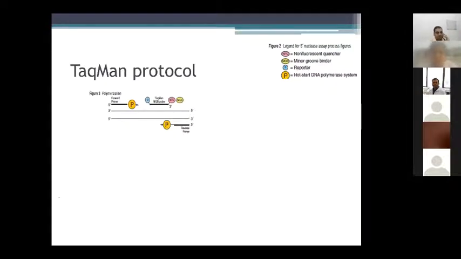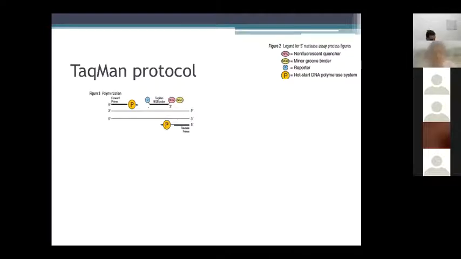As we know, we design two primers, a forward primer and a reverse primer. The TaqMan probe binds specifically between them, at its 3' and 5' ends, and contains a non-fluorescent quencher, minor groove binders, and the hot start DNA polymerase.